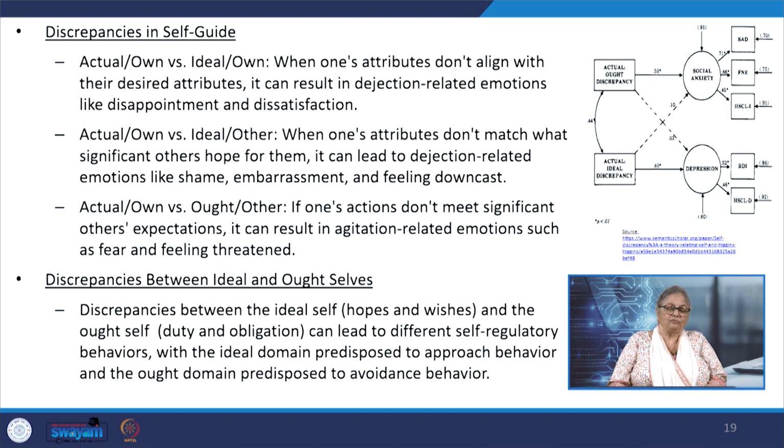In the actual own versus ought other situation, if one's actions don't meet significant others' expectations, it can result in agitation related emotions such as fear or feeling threatened. There are also discrepancies between the ideal and the ought selves. These discrepancies can lead to different self regulatory behaviors, with the ideal domain predisposed to approach behavior and the ought domain predisposed to avoidance behavior.